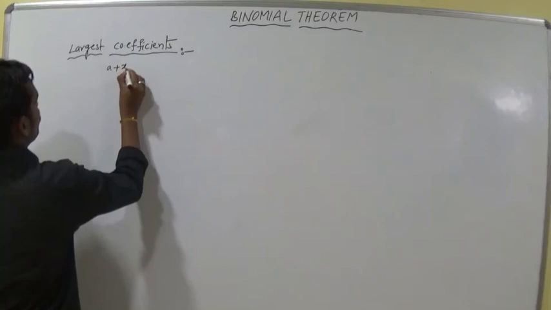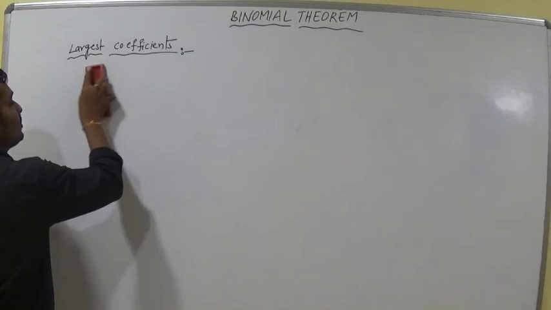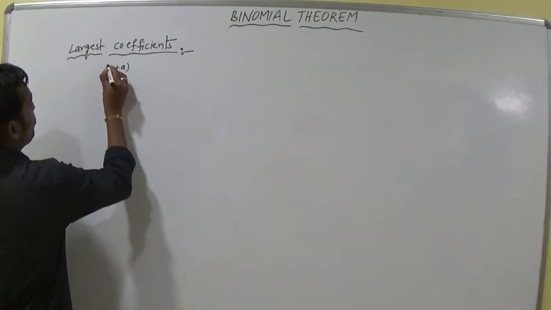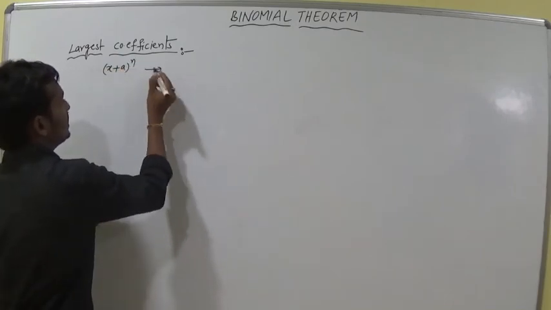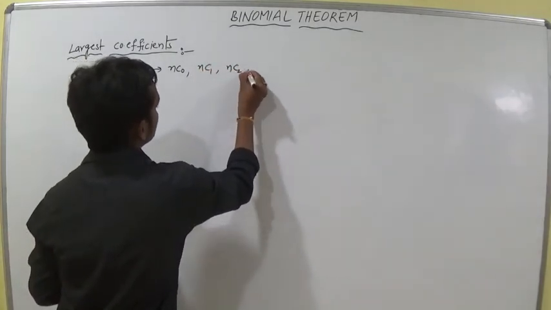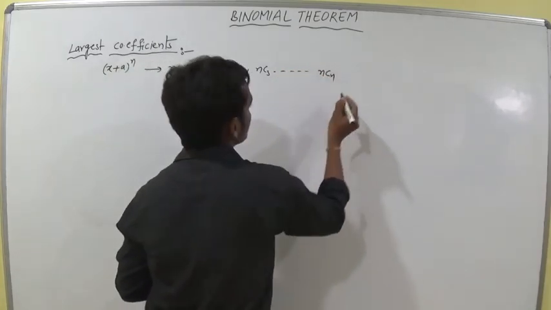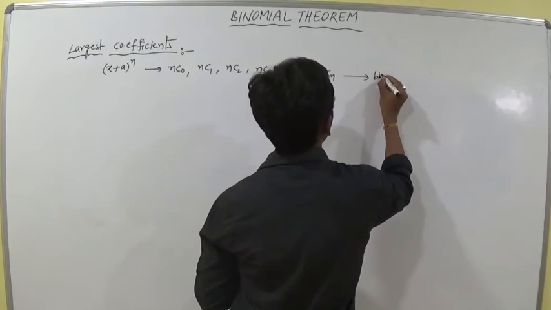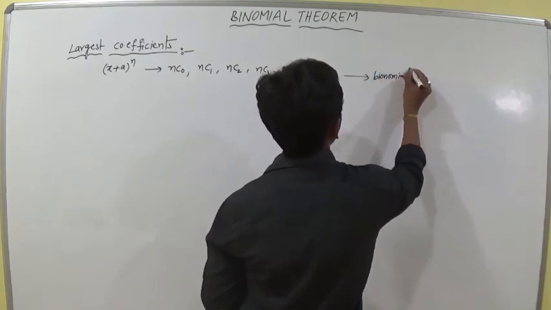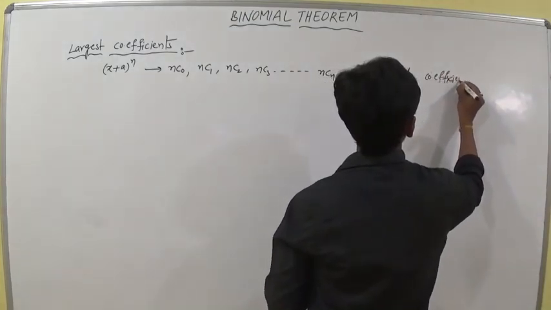For example, if we are writing the expansion form of x plus a whole power n, we are getting nC0, nC1, nC2, nC3 and nCn. These are what we call binomial coefficients.